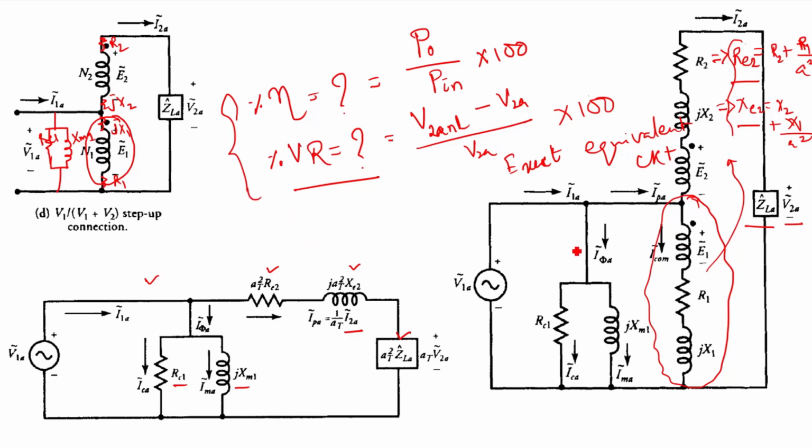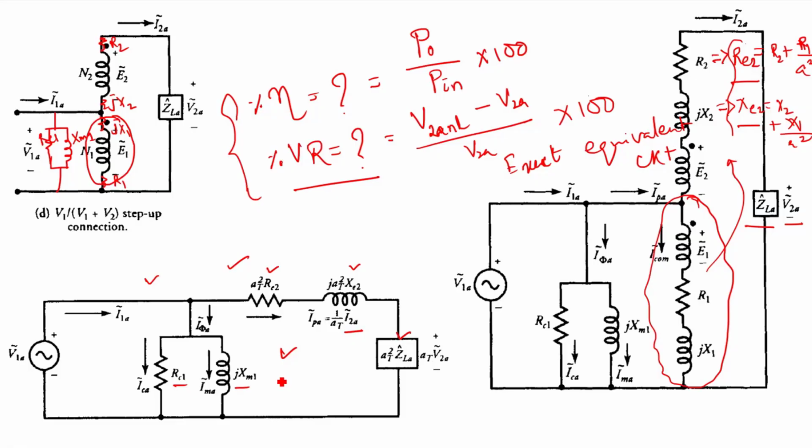Both circuits you can use. If the question asks to use the exact equivalent circuit, you have to use the exact equivalent circuit to find the performance, or if it asks to use the approximate equivalent circuit, you have to use this kind of circuit, which is the approximate equivalent circuit.